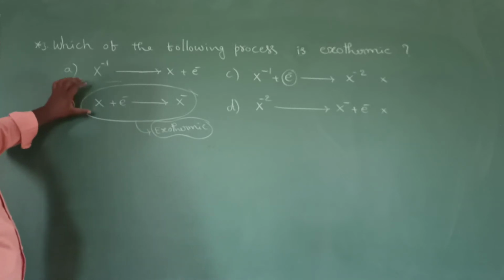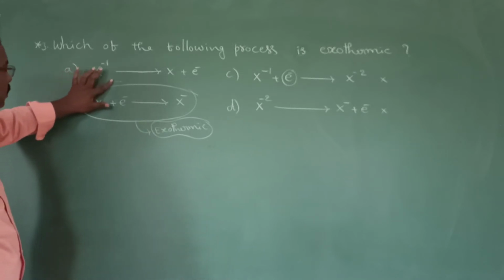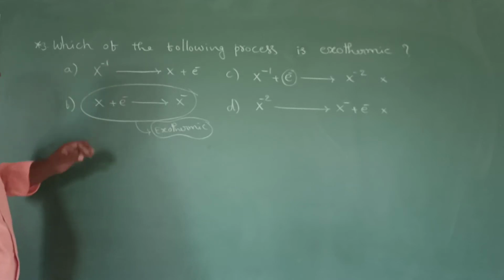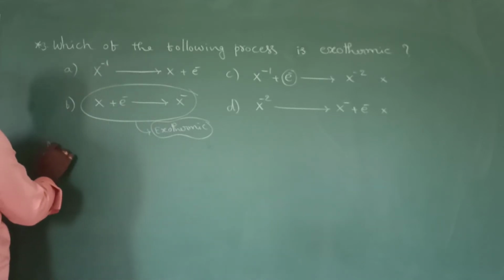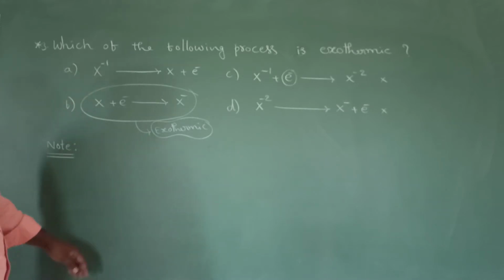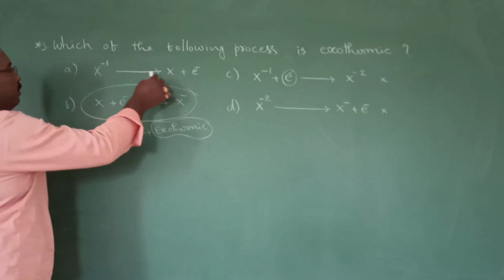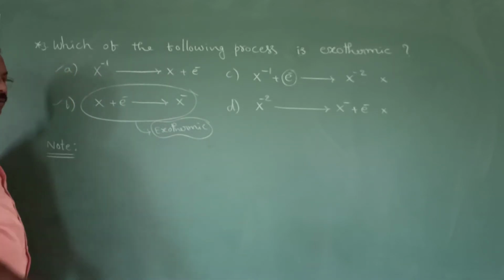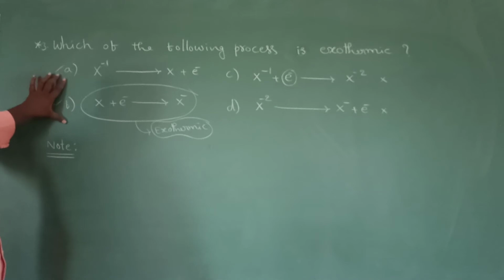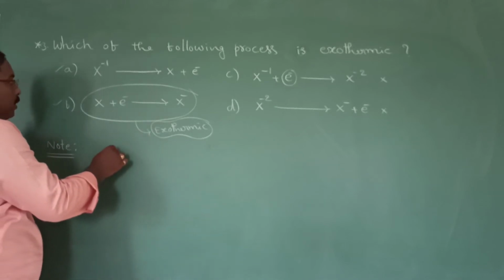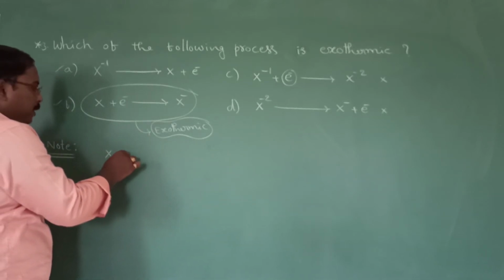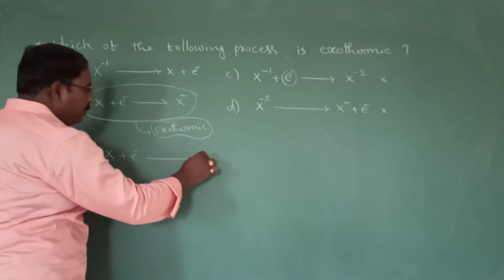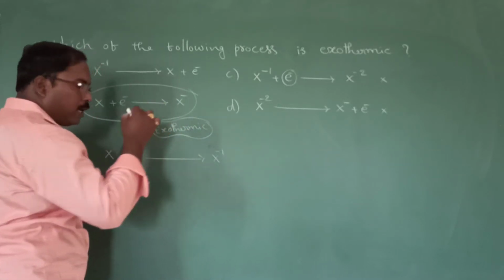And even by observing this, from these options, we can mention one more thing. Here, if you observe option A and option B, x plus electron gives rise to x minus 1.